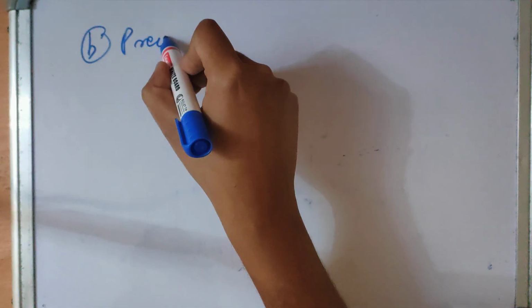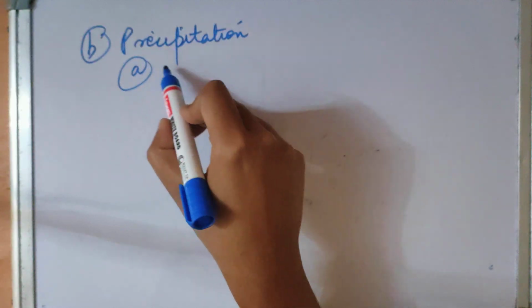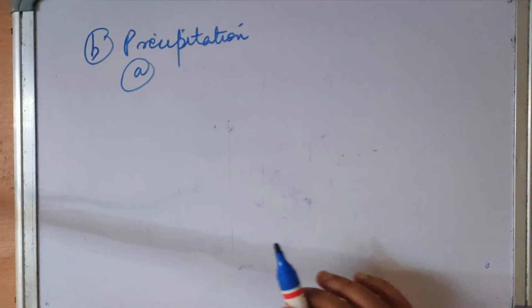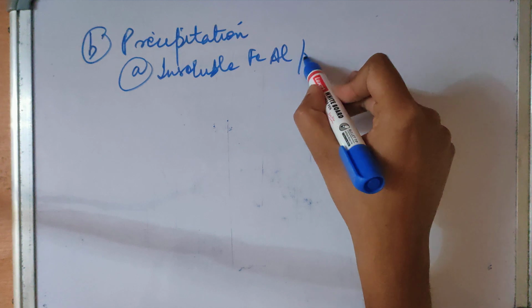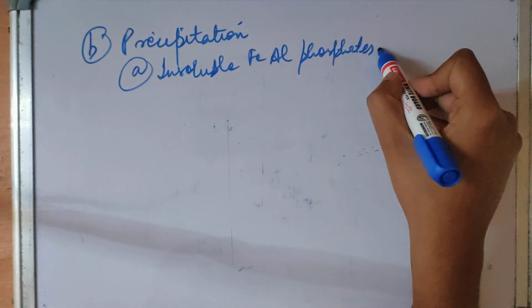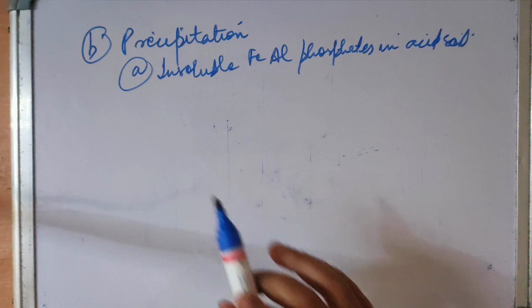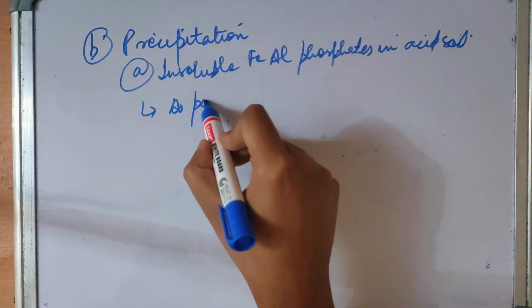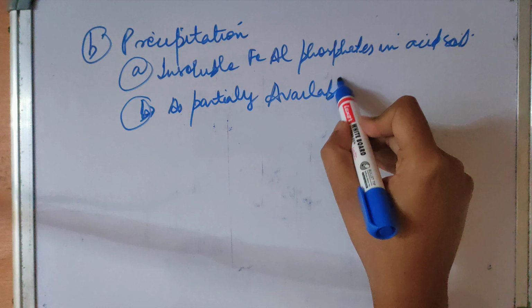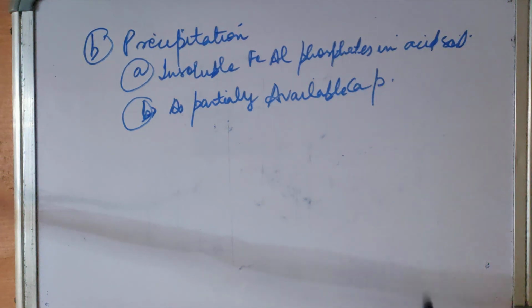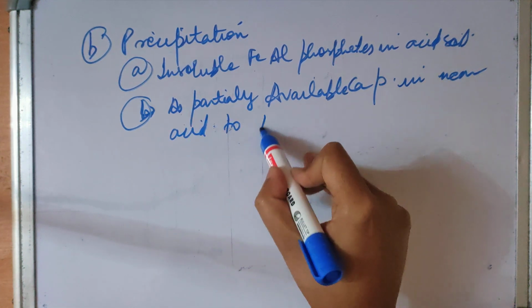Here, in precipitation, we have insoluble Fe and Al phosphates in acid soils. Point B is partially available calcium phosphates in near acid to neutral soils.